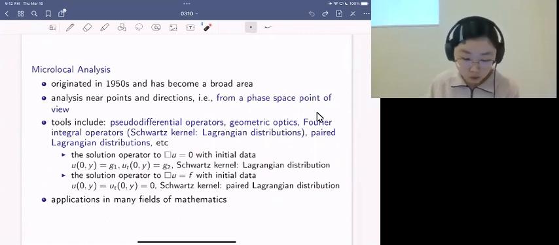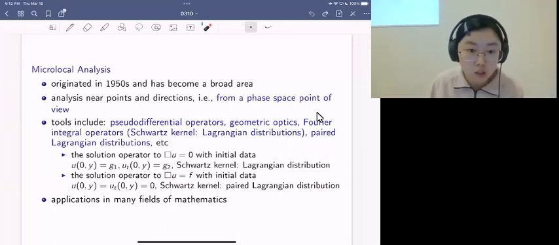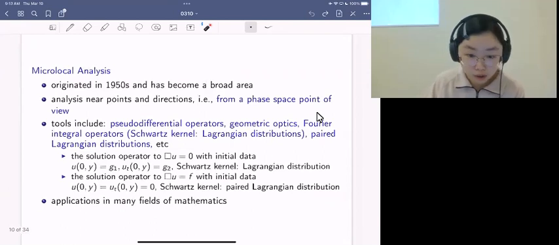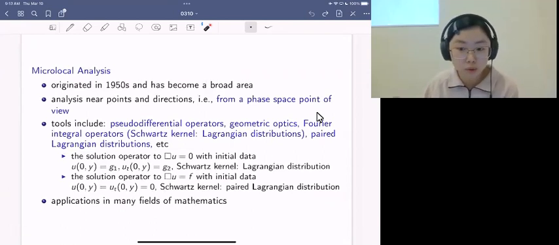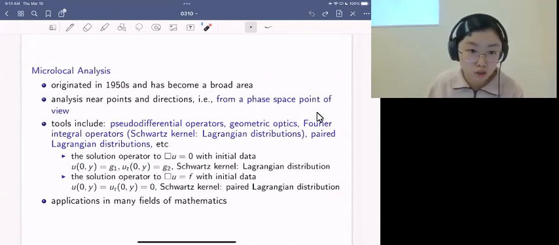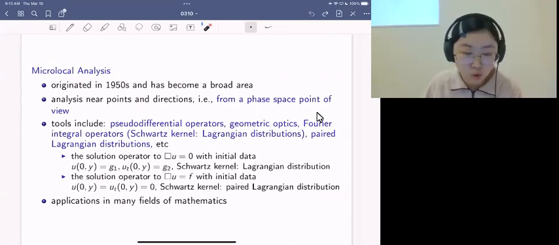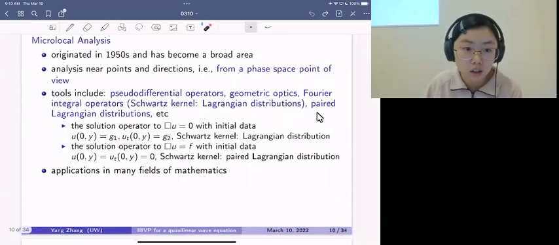The solution operator to the wave equation with zero initial data has a Schwartz kernel that is a paired Lagrangian distribution. These tools are used to characterize the singularities of solutions to partial differential equations, and we can also analyze the strengths of these singularities.